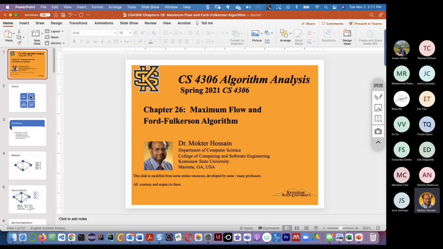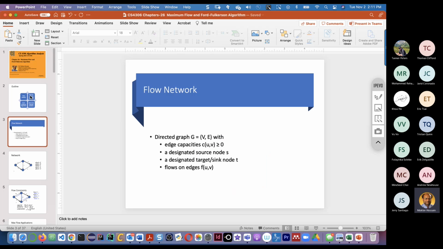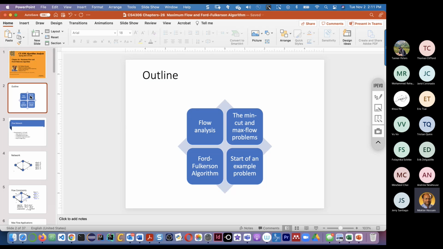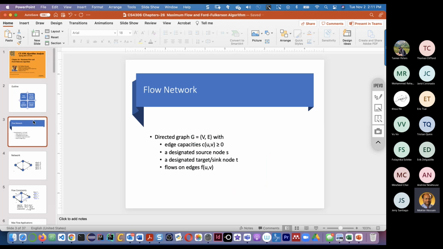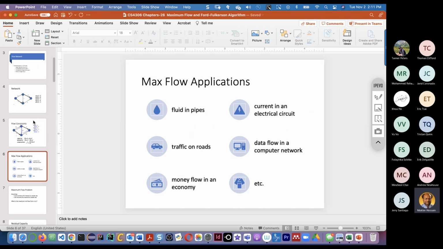Okay, so maximum flow, as the term says, is a useful process. For instance, in our real life there are so many max flow applications.